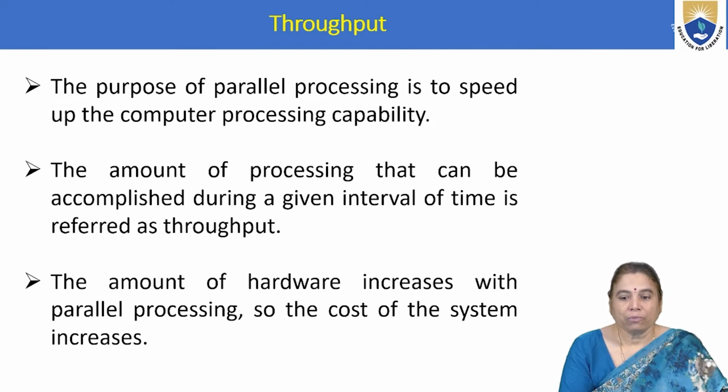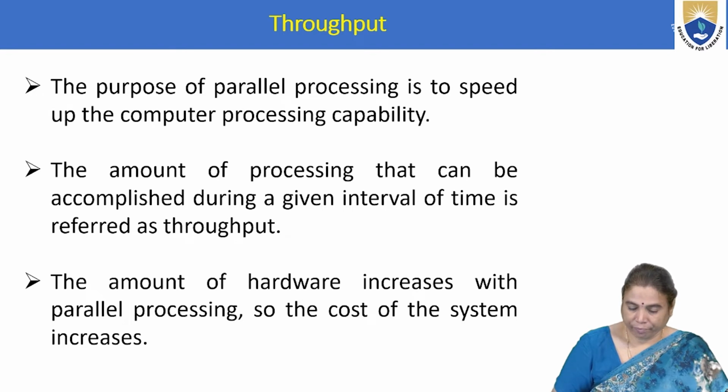The amount of processing that can be accomplished during a given interval of time is referred to as the throughput. The amount of hardware increases with parallel processing, so the cost of the system also increases. The performance increases, but parallel execution requires special hardware, which in turn increases the cost of the system.